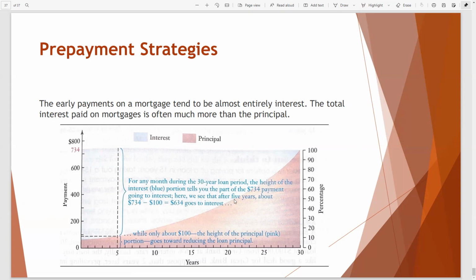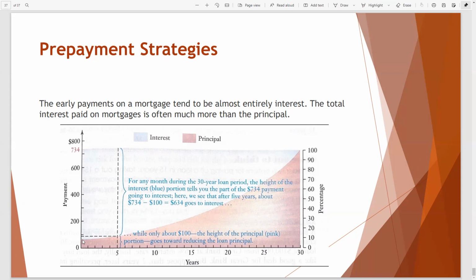That is a huge portion, compared to 734 by 30 years. And the graph will look so different.